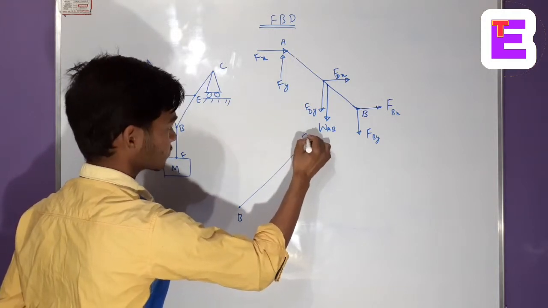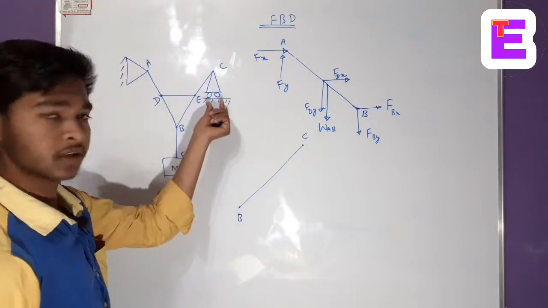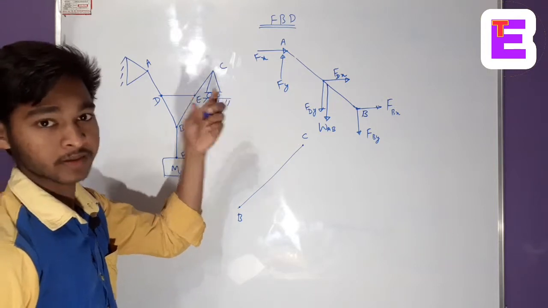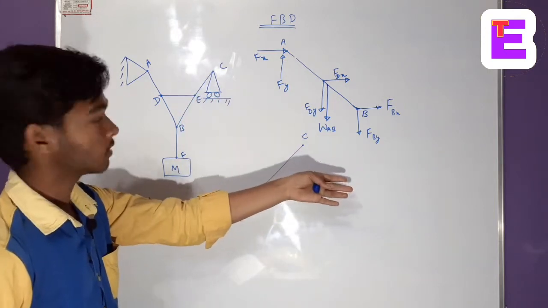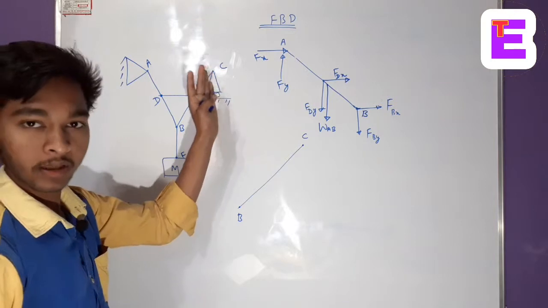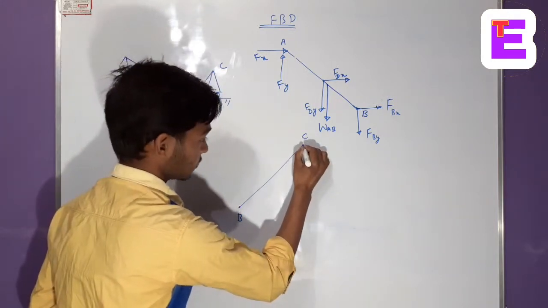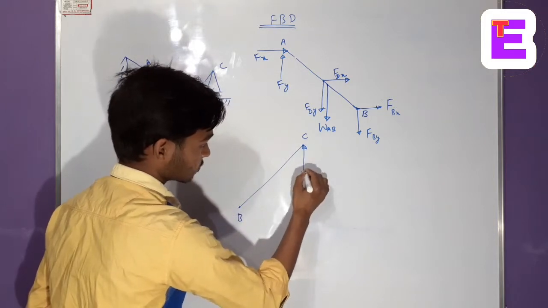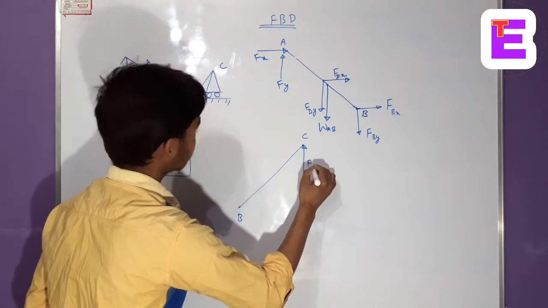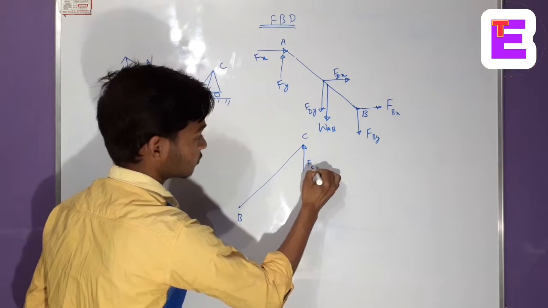This is say C. Okay, and this is basically a roller, and as I said, it will only oppose the movement in the y direction, so it will give some force only in the y direction. It will be Cy.